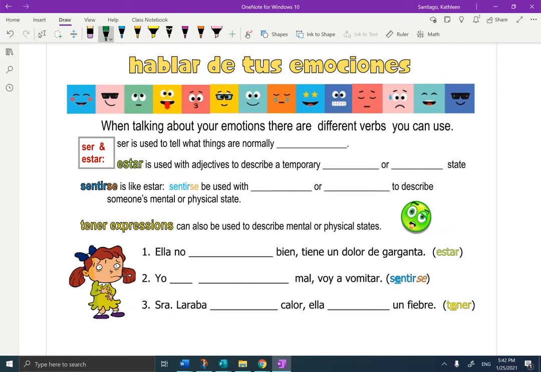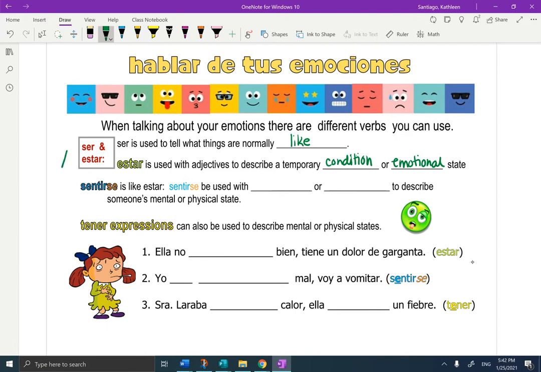Ser is used when talking about what things are normally like, and estar is used with adjectives to describe a temporary emotion, or, let's say, temporary condition or emotional state. Okay, so this is one way.